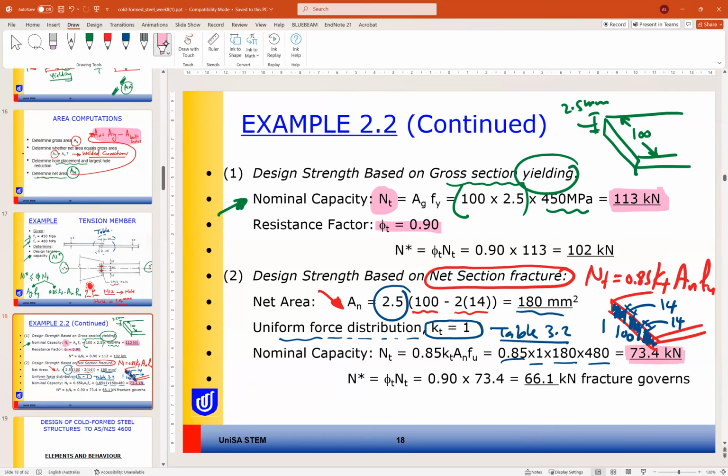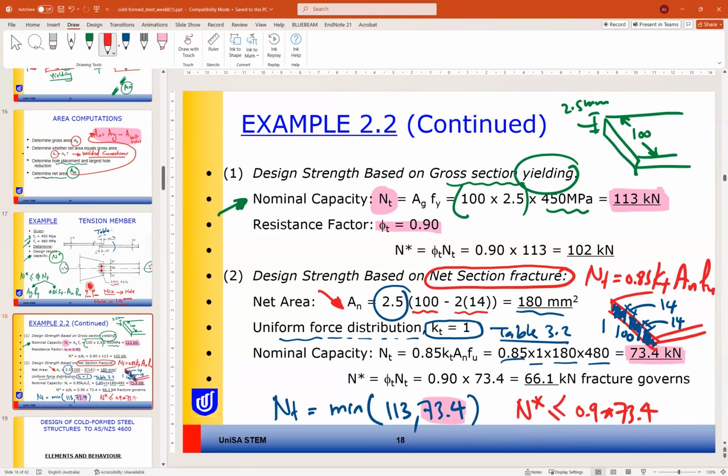73.4. So this means that NT equals the minimum of 112.5 and 73.4. So it is 73.4. This means N asterisk should be less than or equal to 0.9 times 73.4. So it should be less than 66.1 kilonewton.